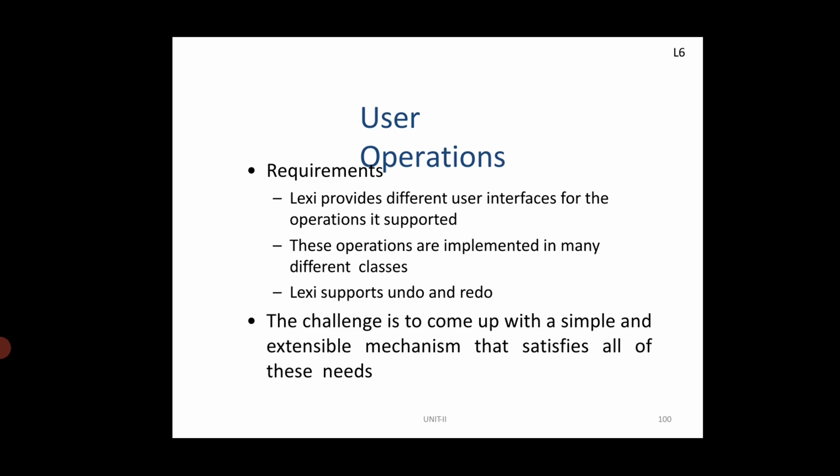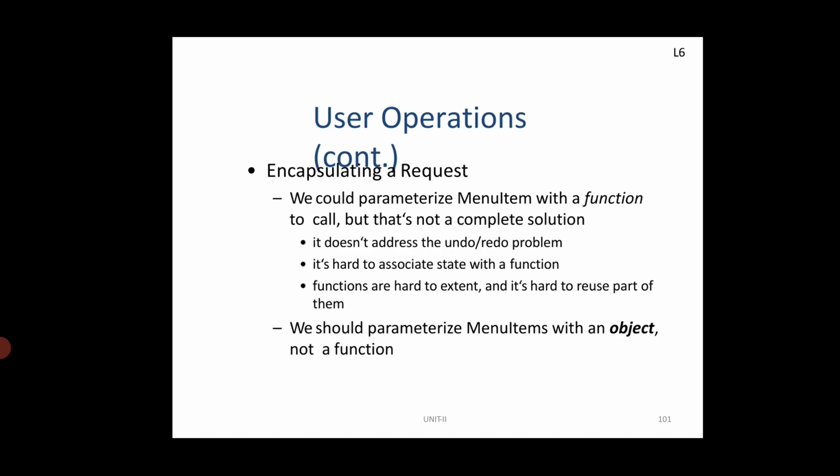Next we are studying the continuation of user operations, and the subtopic is encapsulating a request. We could parameterize a menu item with a function to call, but that's not a complete solution.